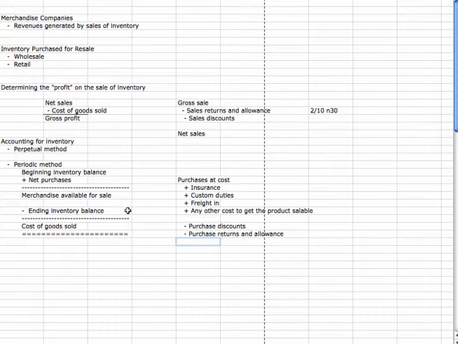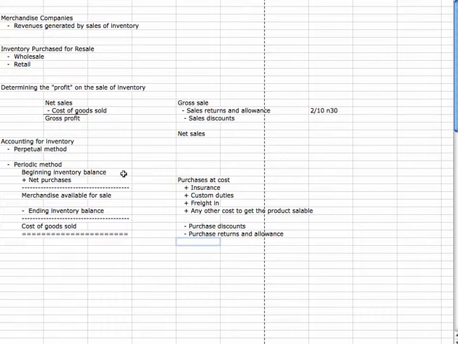Once we know that, we can subtract it out, because that's what's left over, to give us our cost of goods sold, what we sold. Now remember, this ending inventory balance will become the beginning inventory balance in the next period. So this is one of those permanent accounts where the ending balance becomes the beginning balance in the following period.